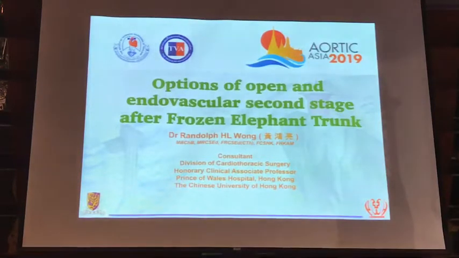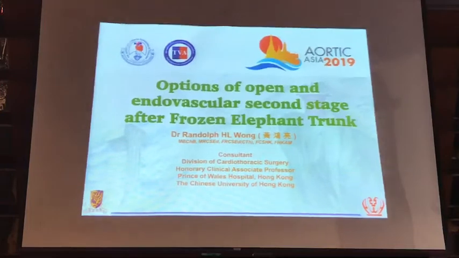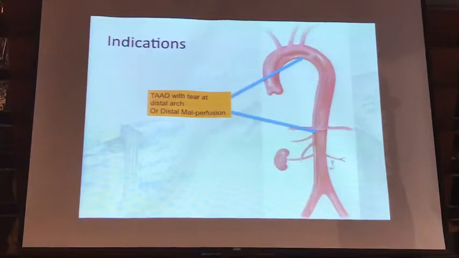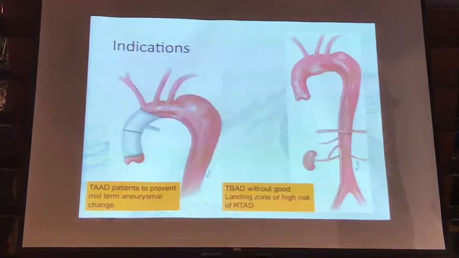So basically, the total arch frozen elephant trunk is not going to stop us from doing a downstream procedure. The indication in our center is more or less compliant with the EACTS vascular domain indication. For type A aortic dissection with small true lumen and distal malperfusion, we do total arch frozen elephant trunk.